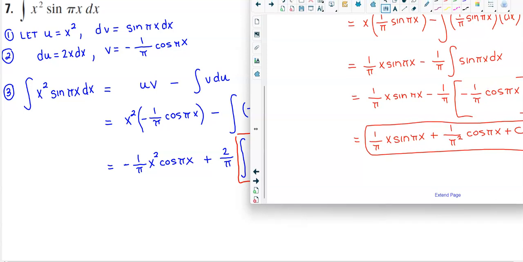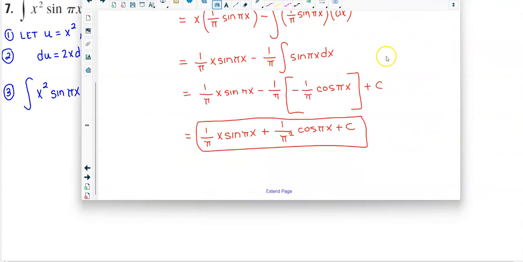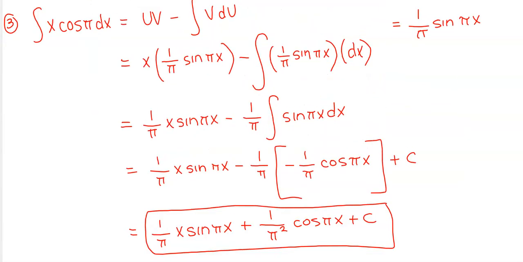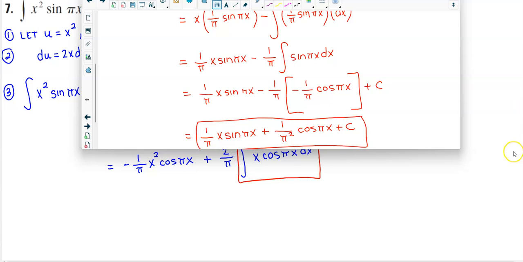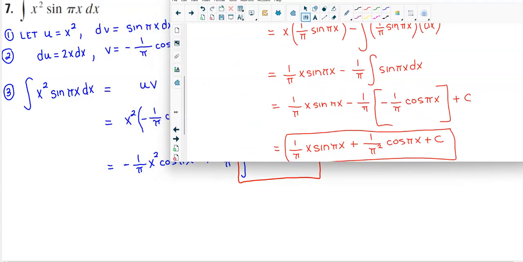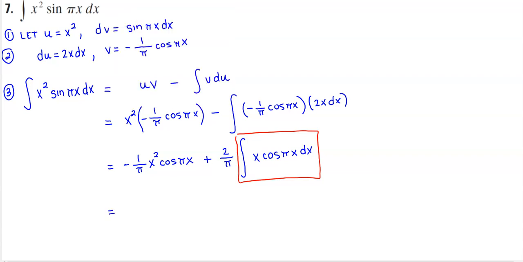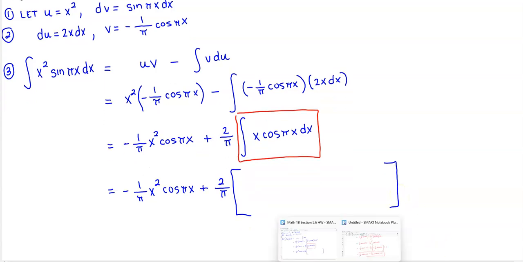So let's go ahead and do that. So we have the following. We have negative 1 over pi x squared times the cosine of pi x plus 2 over pi, and then we're going to multiply it by the following.